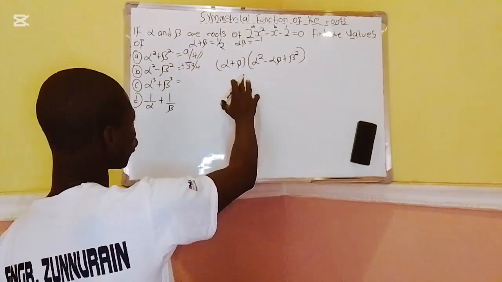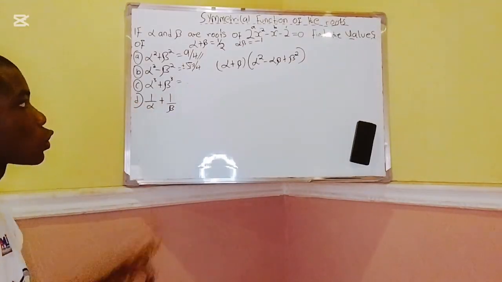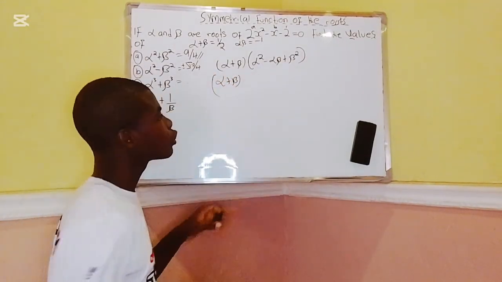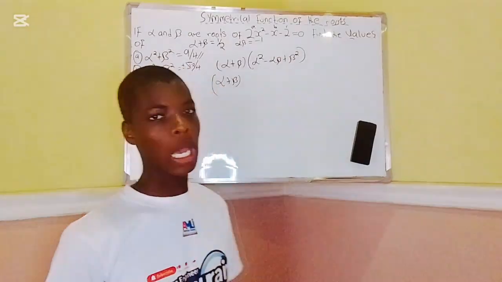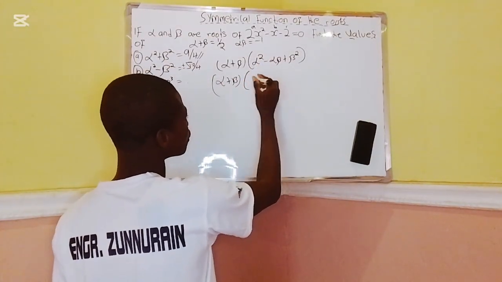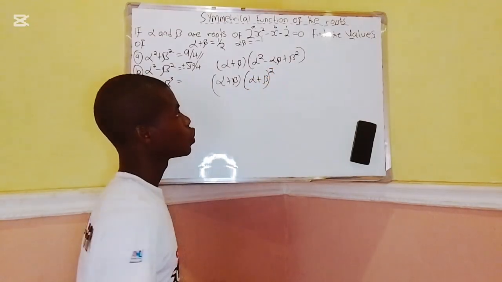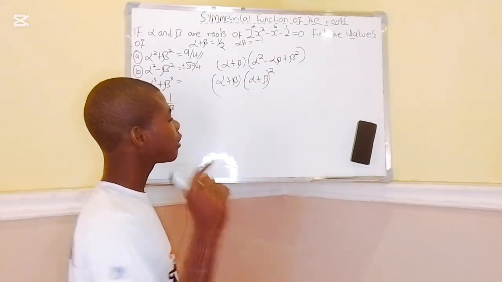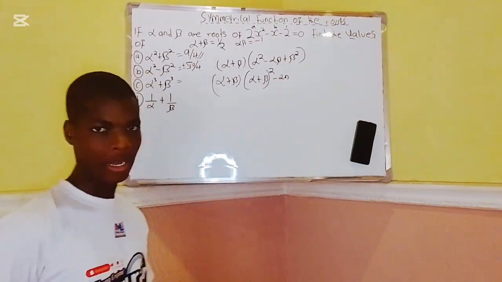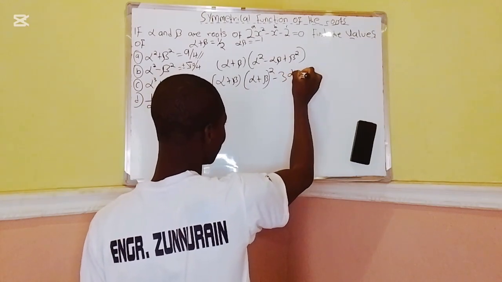So we are just going to use this formula to solve alpha cube plus beta cube. So alpha plus beta, but you have to know there is a manipulation here. If I say alpha plus beta, times alpha plus beta squared, I cannot say just minus alpha beta, but I will say minus 3 alpha beta.